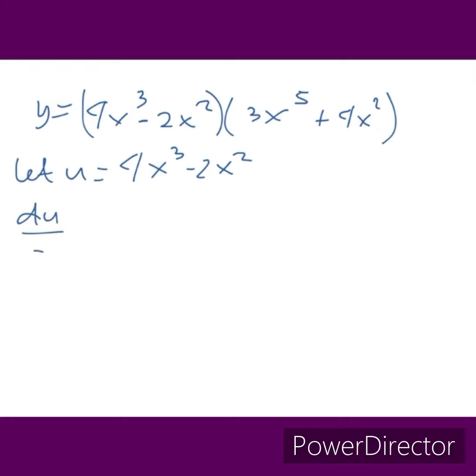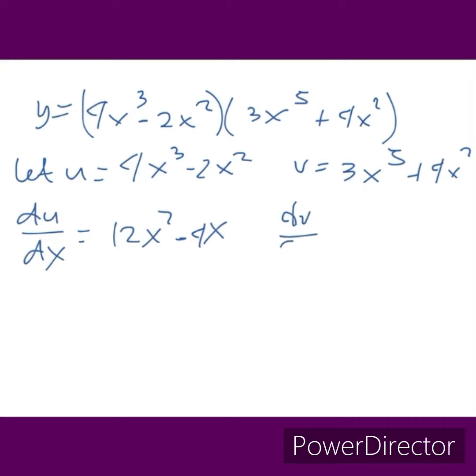Then du, or the derivative of u, is equal to 12x squared minus 4x. And v is equal to 3x raised to the fifth plus 4x squared. And the derivative of v is equal to 15x raised to the fourth plus 8x.